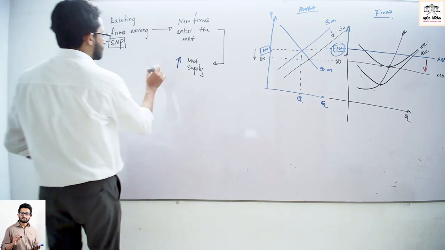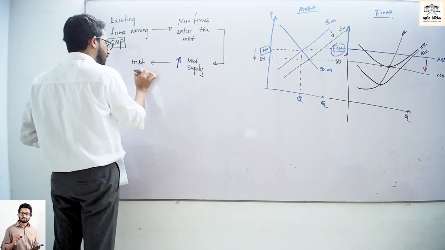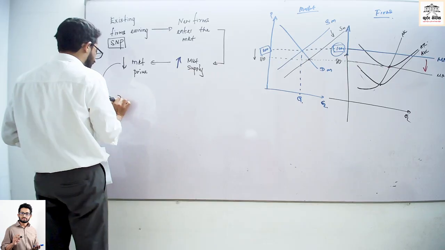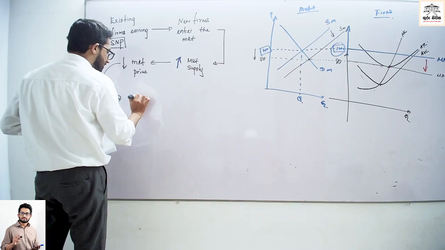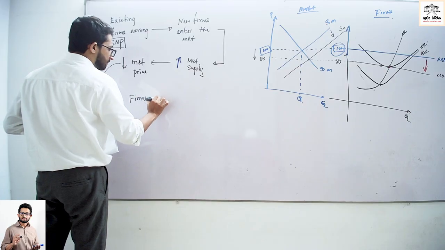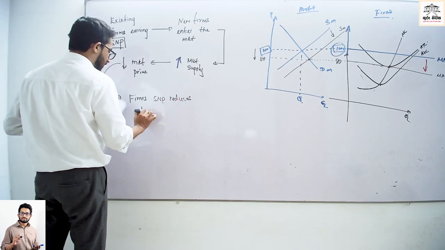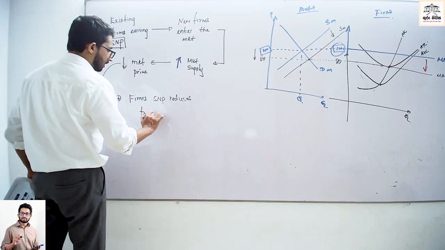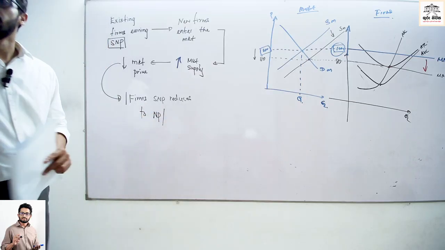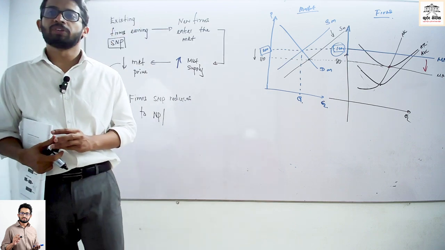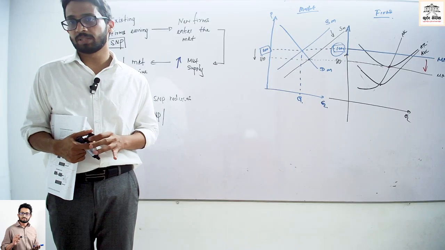When market supply increases, market price drops, and the firm's supernormal profit reduces to normal profit. That's why we say in the long run, a perfectly competitive firm earns normal profit.